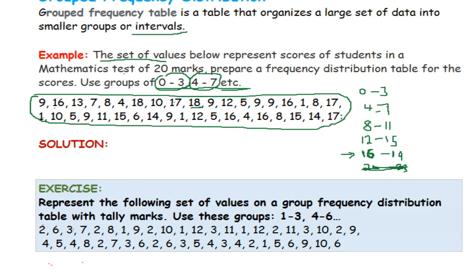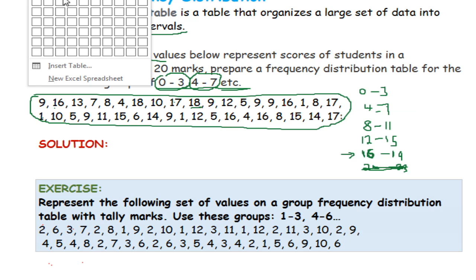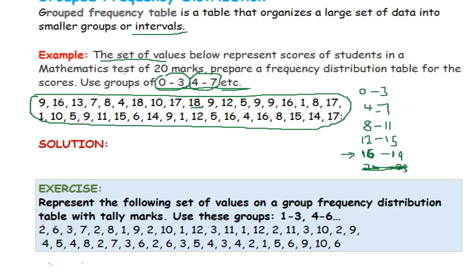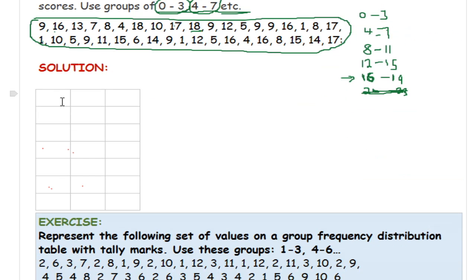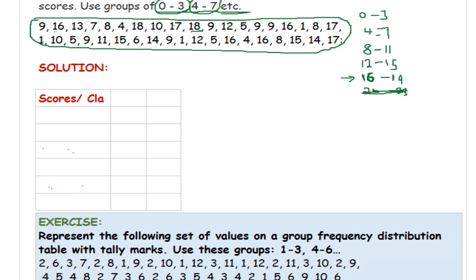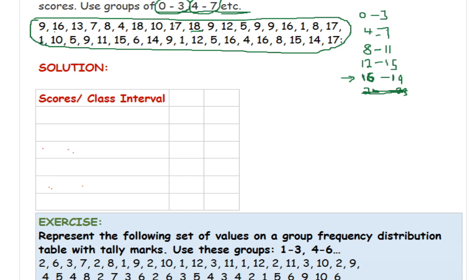So what I'm going to do now is to draw a frequency distribution table. I need a table of 3 columns and about 7 rows. Let's draw that now. The first column will be for the scores of the students. The scores are also the class intervals, so don't forget that the scores are segmented into various groups called class intervals.